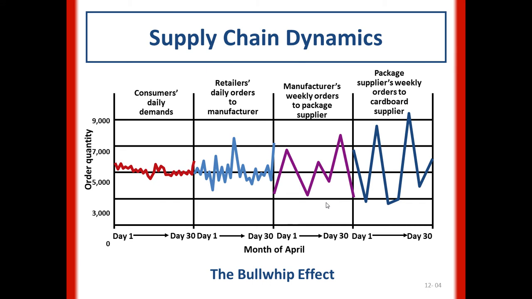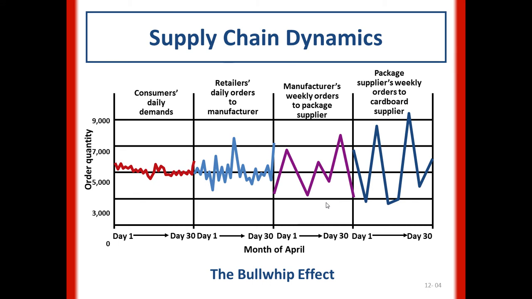Okay, and this dynamic supply chain effect we call the bullwhip effect. The bullwhip effect gets its name from the action of the bullwhip, where the handle of the whip initiates the action. However, the tip of the whip experiences the widest action.